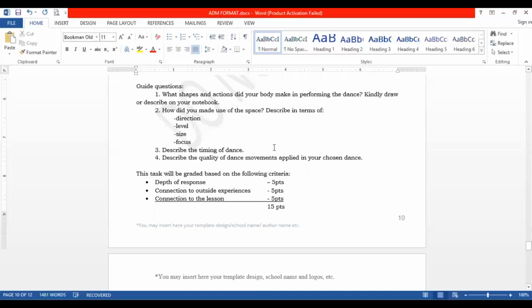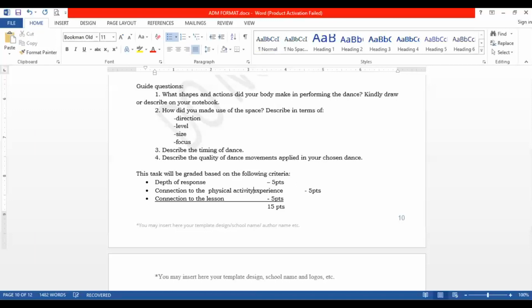So since this is an essay type of assessment, I have here the following criteria: depth of response, five points, connection to their experience, or pwede natin palitan dito, connection to the physical activity experience.